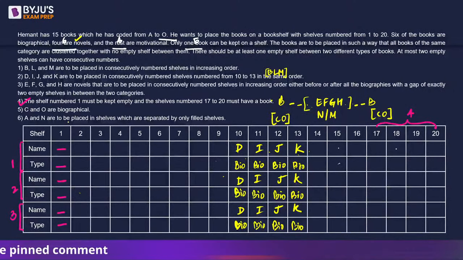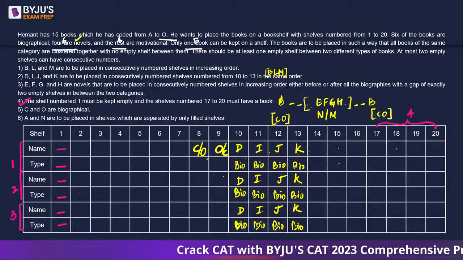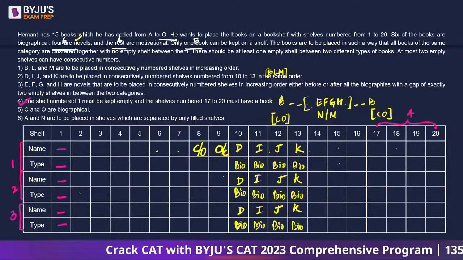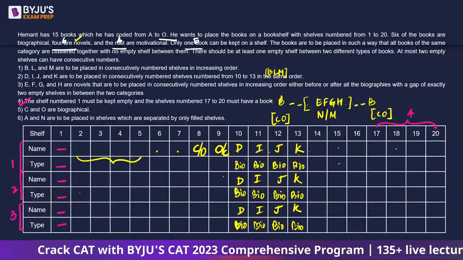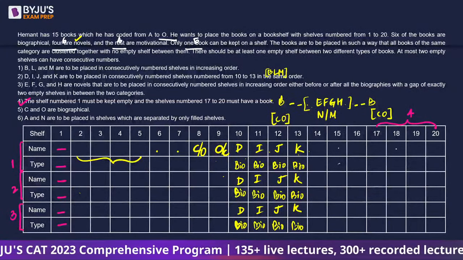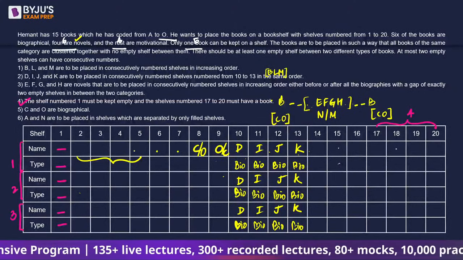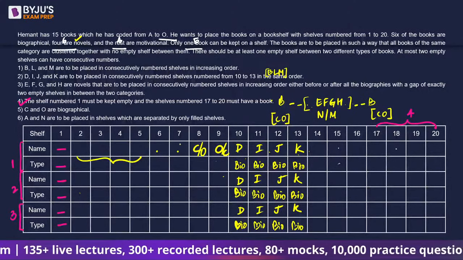Next possibility is where can we put C and O? Suppose if I happen to put C and O right before it so that we have consecutive. So 2 are right in front of it. So we can have a gap of 2 and then we can have 4 books of novel type because there are only 4 spaces left and they are going to be EFGH, right?